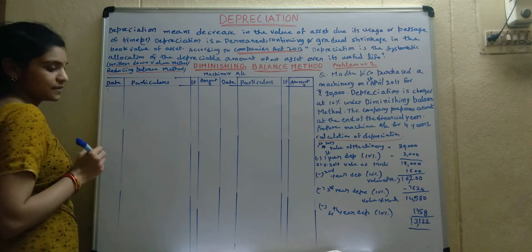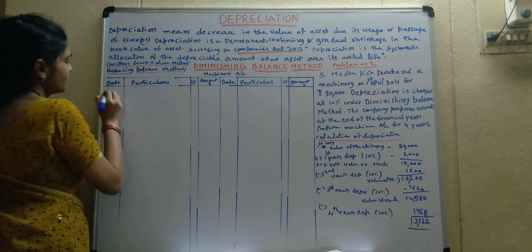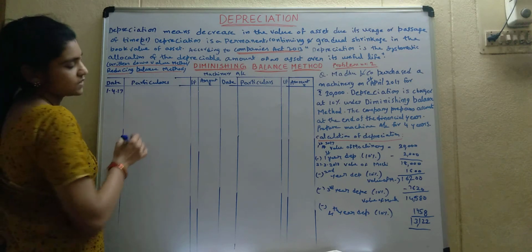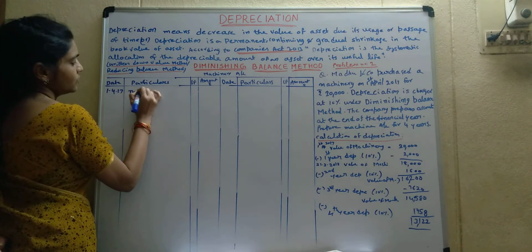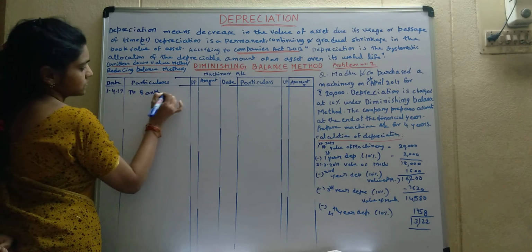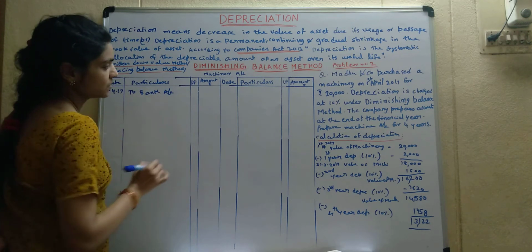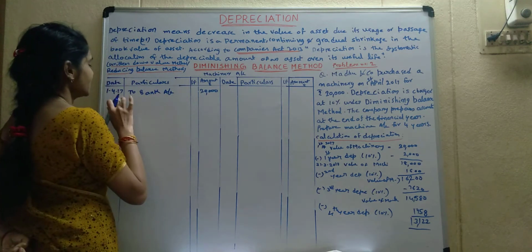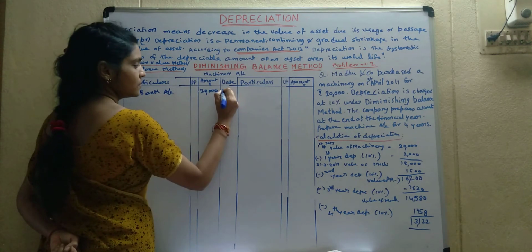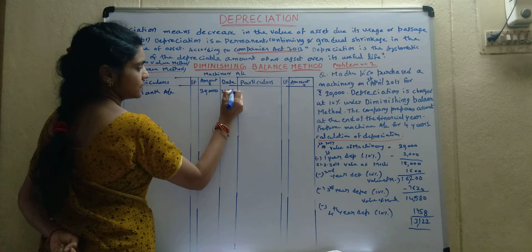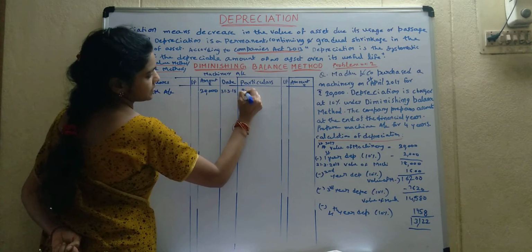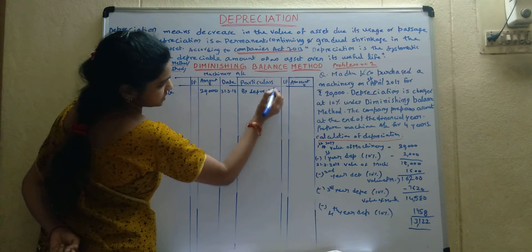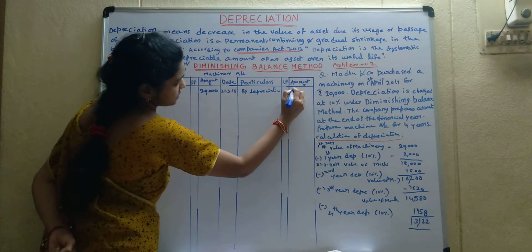What's the date here? 1/4/17, purchase of asset, so to bank account, amount 20,000. At the end of the year, 31/3/18, by depreciation. What's the amount of depreciation in the first year? 2,000.